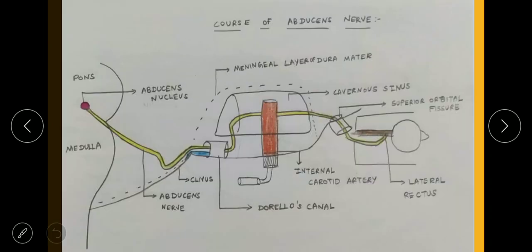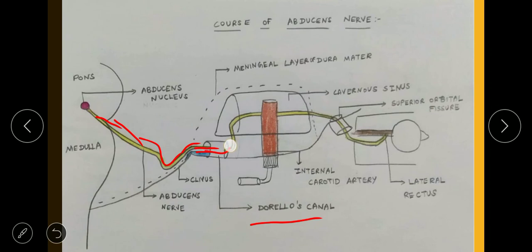Once again in this picture we can observe everything. As the nerve emerges from the pontomedullary junction, it moves to the posterior cranial fossa and then climbs up the clivus, pierces the meningeal layer of the dura mater, and is now a content of Dorello's canal along with the inferior petrosal sinus.